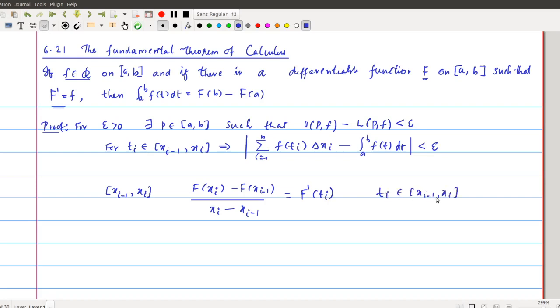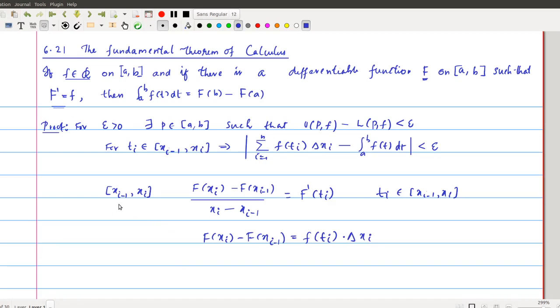This is a consequence of the mean value theorem. Rewriting this, F(xi) minus F(xi minus 1) equals delta xi times small f of ti, because we are given that F' is small f.